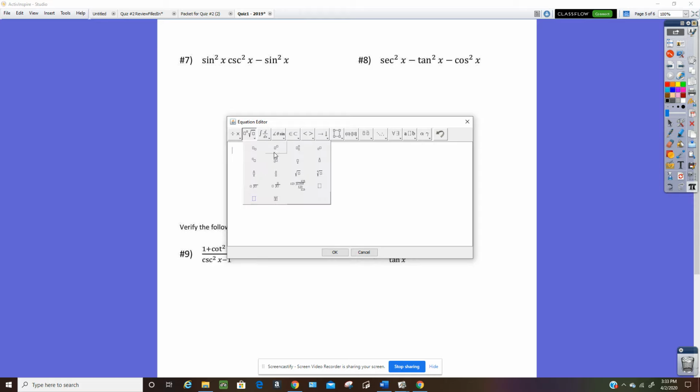So I'm going to leave sine squared alone, and then I'm multiplying that by 1 over sine squared x, and then minus sine squared x.